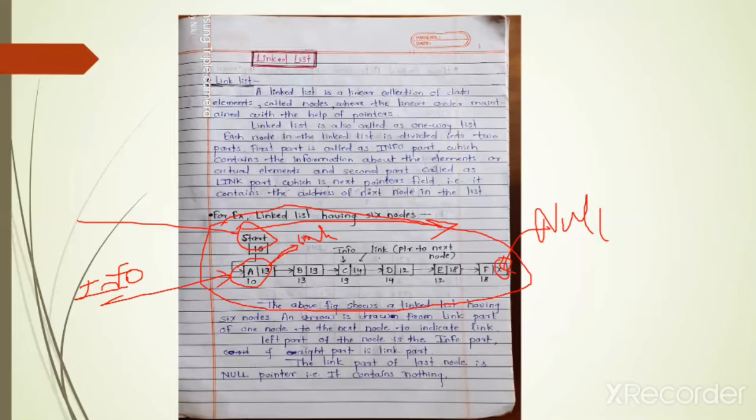There are some advantages of linked list. To store an array in memory requires consecutive memory locations, means linear memory locations, while to store a linked list, consecutive memory locations are not required. Arrays cannot be easily extended, while a linked list can be easily extended.